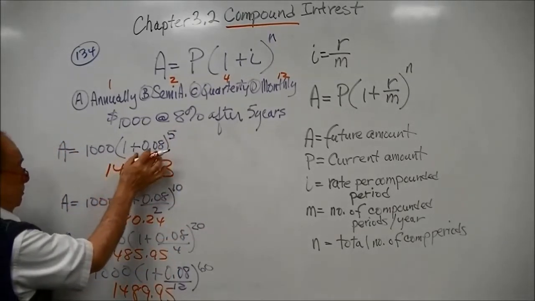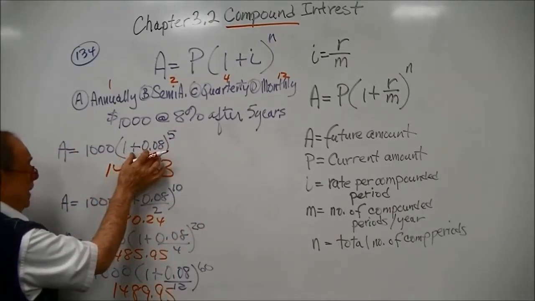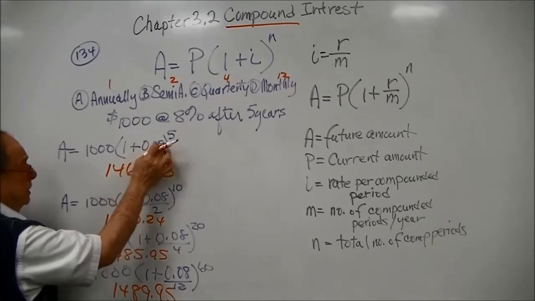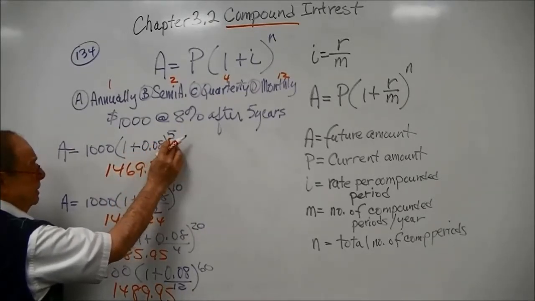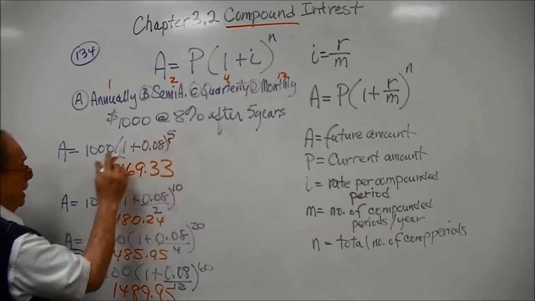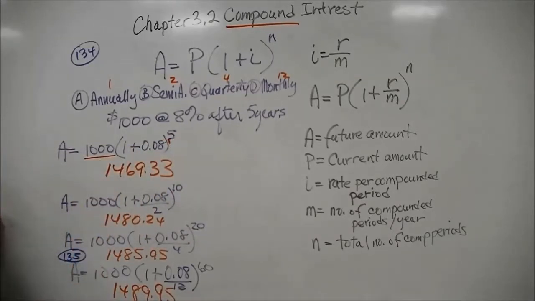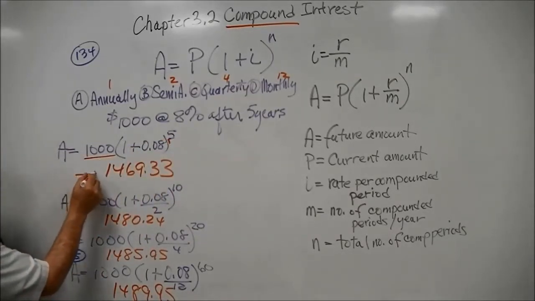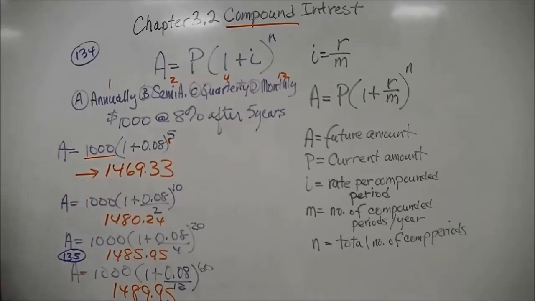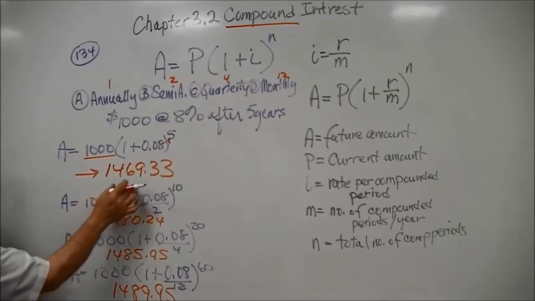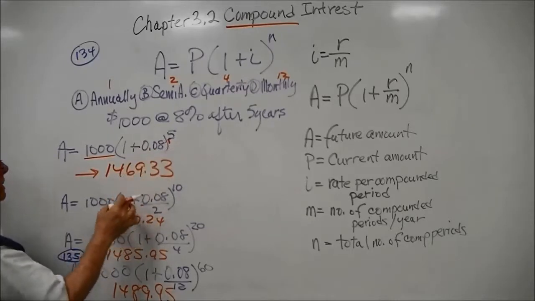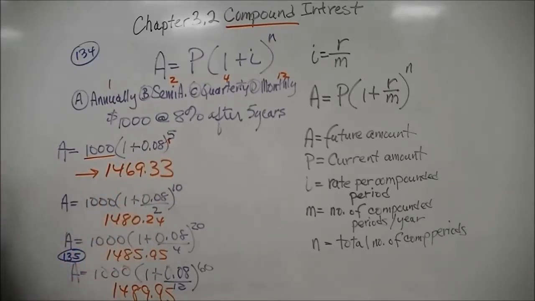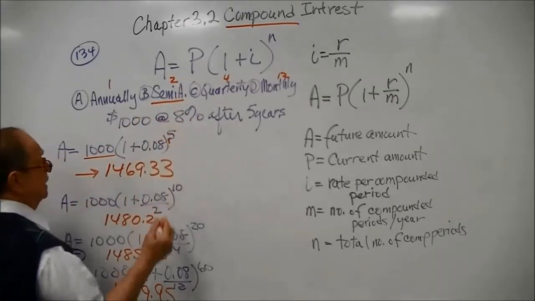Now, you add this together, use a caret to the 5th power, and then times it by 1,000, and you get this. So that's not too bad. After 5 years, you've made, at 8%, almost $470.